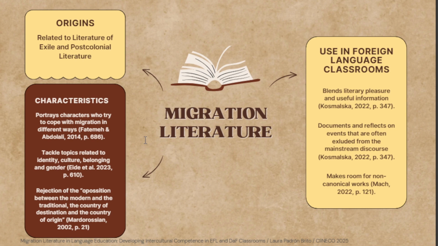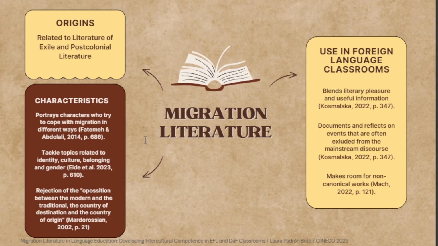Migration literature has gained popularity because, having evolved from other literary schools such as literature of exile and post-colonial literature, it paints a more nuanced picture of the target culture. This type of literature is known for portraying characters that are dealing with migration and its consequences, such as the feeling of loneliness or the feeling of never quite fitting into the culture.